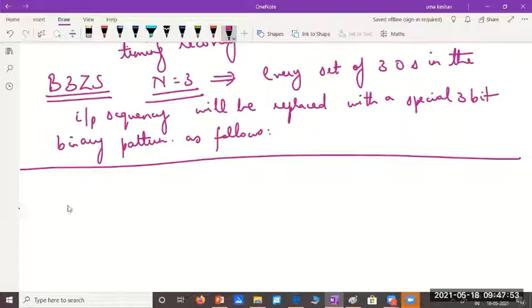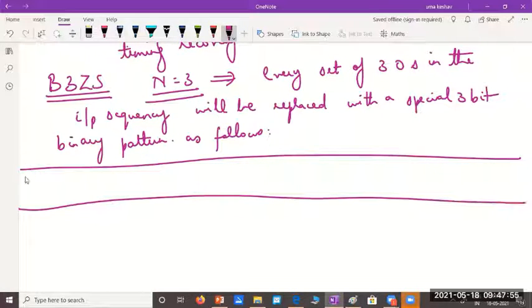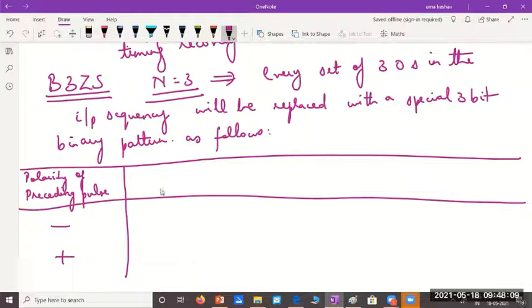Again, here also I should consider the polarity of the preceding pulse. It can be minus or plus, and the number of bipolar pulses, ones.